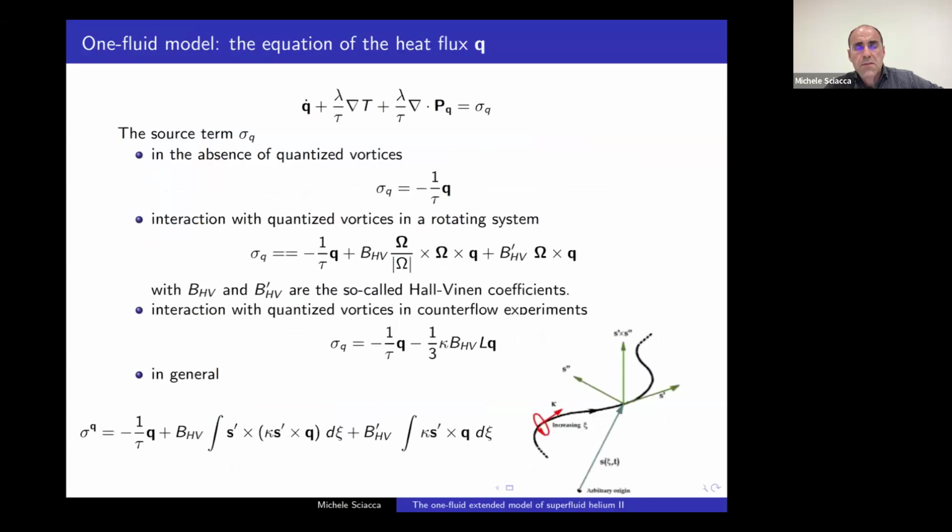In this slide, for instance, this is the equation of heat flux, and here we have the production of the heat flux. In principle, in the absence of vortices we have terms which in some sense allow the appearance of the Fourier law inside the equation of heat flux.